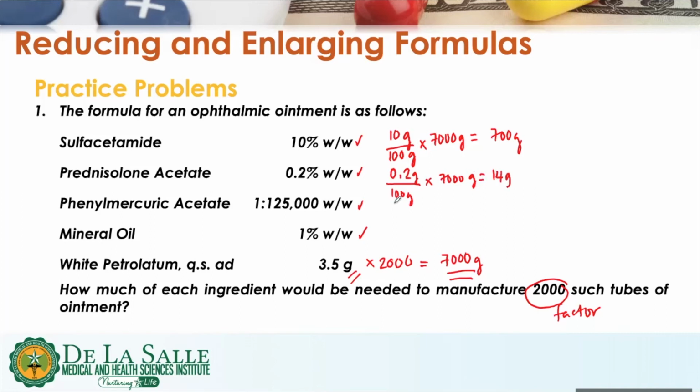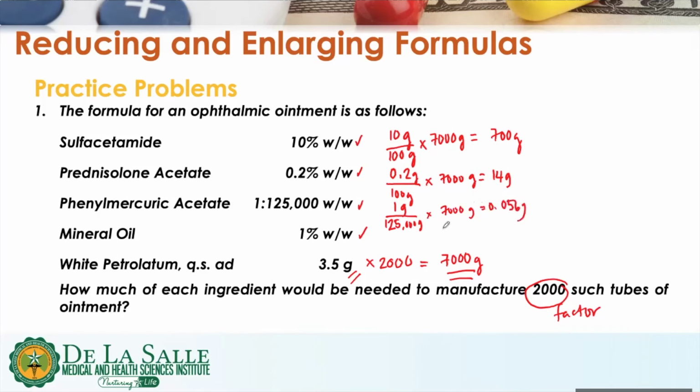Now for the ratio strength, 1 is to 125,000 weight in weight basically means 1 gram of phenylmercuric acetate is present in 125,000 grams of the ointment times 7,000 grams. And that will be equal to 0.056 gram.